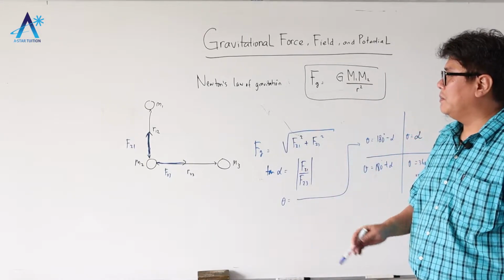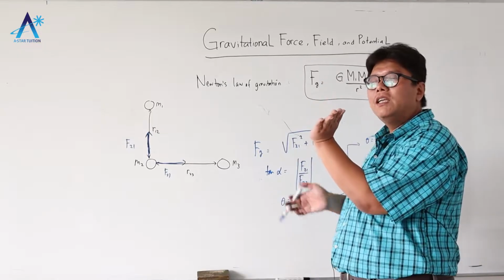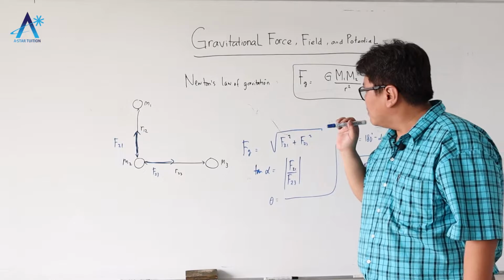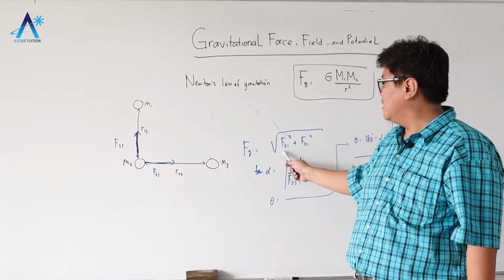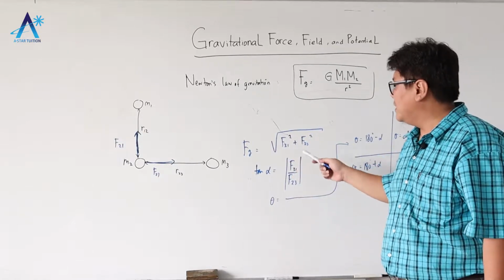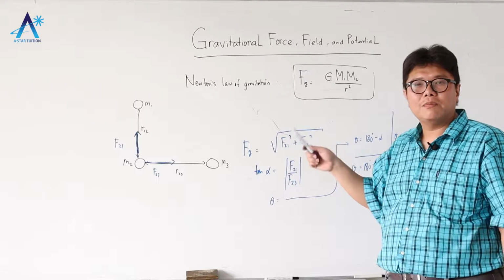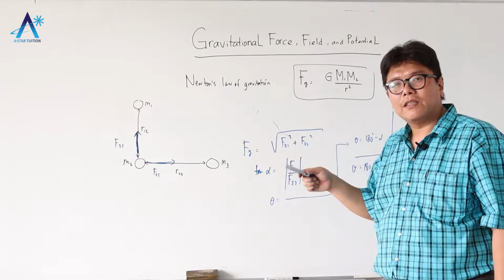Now, if it's a bit more complicated, then you can resolve it horizontally and vertically, and then find the sum of the horizontal forces and the sum of the vertical forces, and then you use this. So again, please remember how to do this when we discuss how to do this in vectors, in the vectors unit.